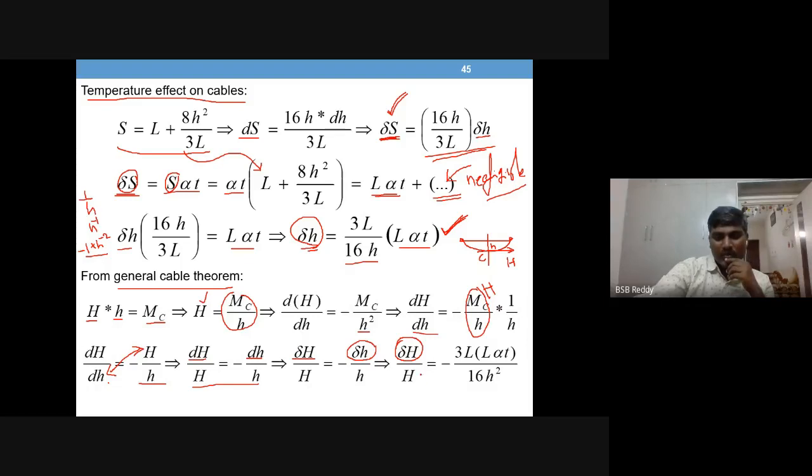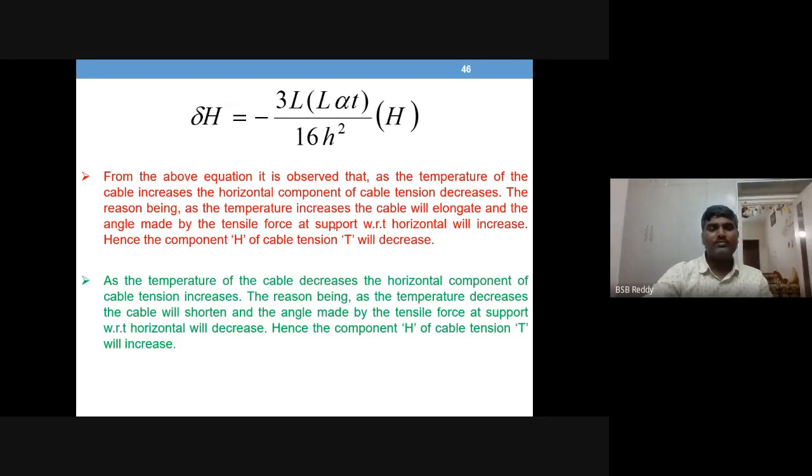So delta H divided by H is equal to minus delta h, substitute 3L by 16H into L alpha T, negative sign is there, and 1 by h, so into h square. This is the delta H by H expression. Finally, if you want delta H, send this H to the numerator. So that is the final expression.